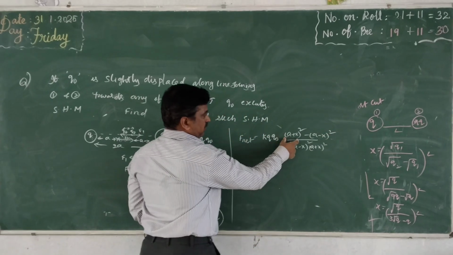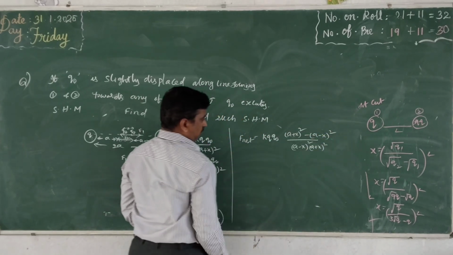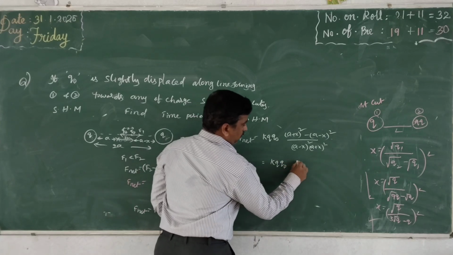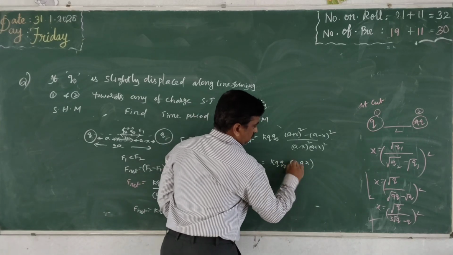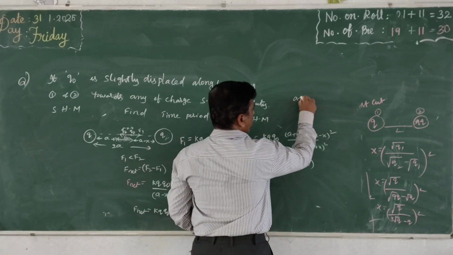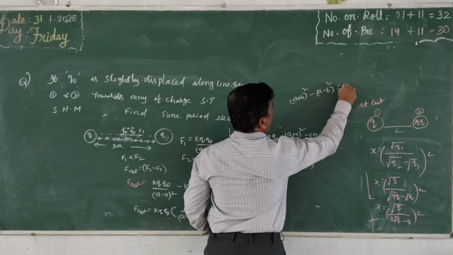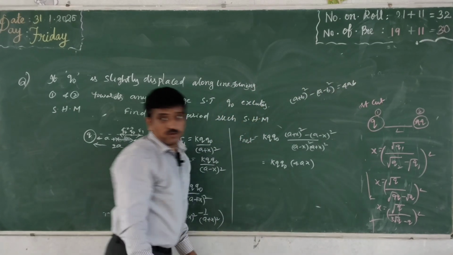See, (a plus b) whole square minus (a minus b) whole square, we can write k q naught into 4ax. Why? Because (a plus b) whole square minus (a minus b) whole square equal to 4ab. That is the formula.